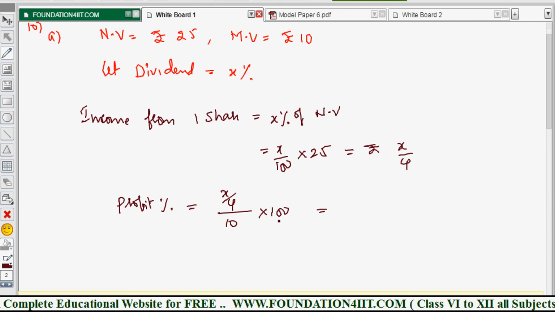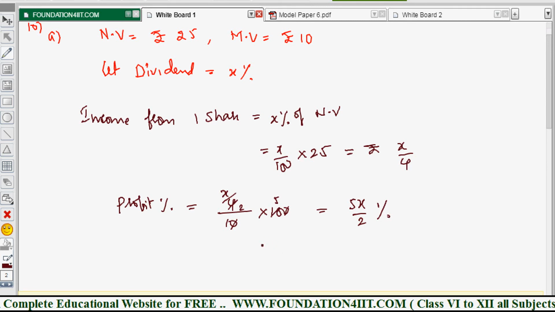So calculating X by 4 into 10, finally 5x by 2 percentage. By calculating this, you can cancel this. 2 ones are 2, 2 5s are 10, so 5x by 2 is the profit percentage.